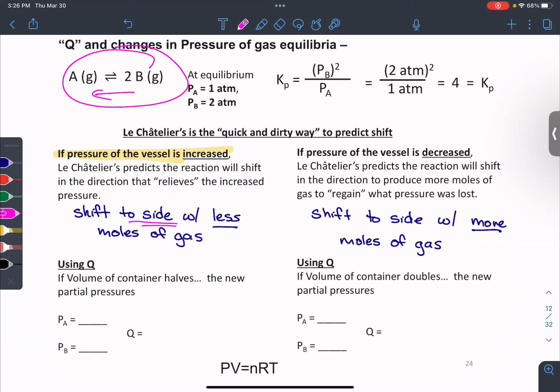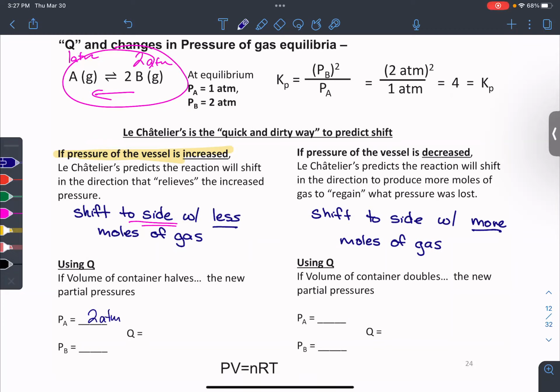Okay, it depends on what reaction you're looking at. But we can also use Q. So in this example, I say, okay, K is equal to 4, and I just made up numbers. At equilibrium, A concentration is 1 ATM, B concentration is 2 ATM. So if I calculate the new pressures at a halved volume, the new pressure of A is something like 2 ATM because I've halved the volume.